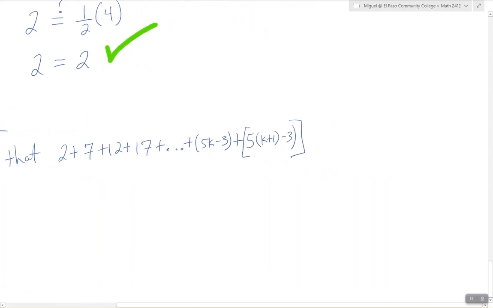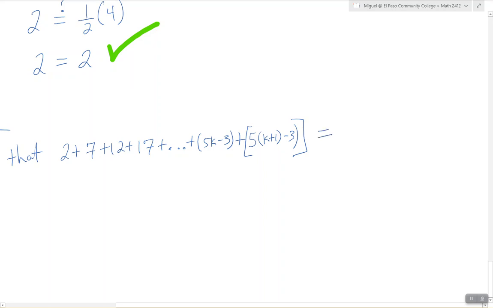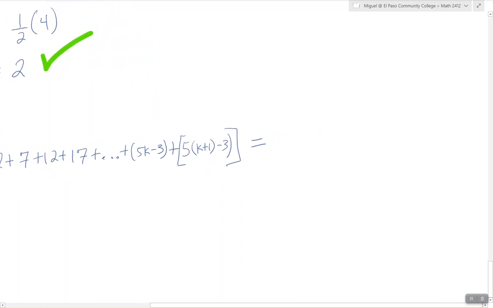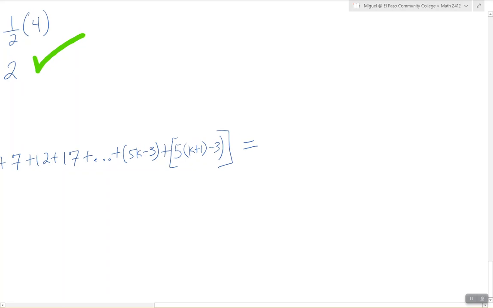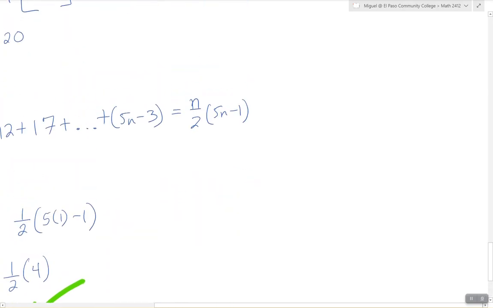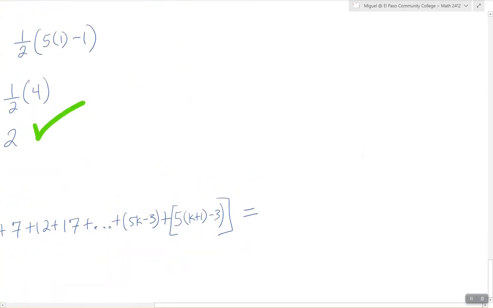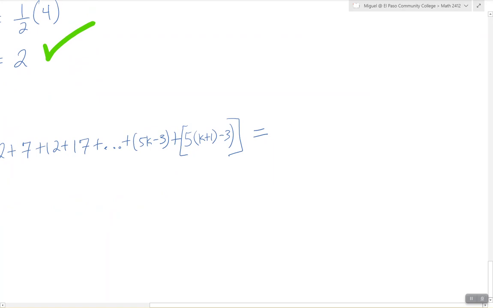Actually, let me scroll here. It'll look too messy if I write it underneath. Is equal to the formula, right? The formula was n over 2 times 5n minus 1. So that's k over 2 times 5k minus 1, plus the term that I added on the left, right? So I added this term, so I need to add it over here as well.